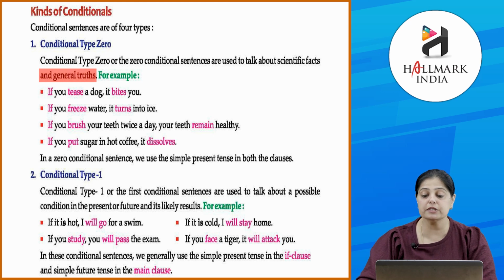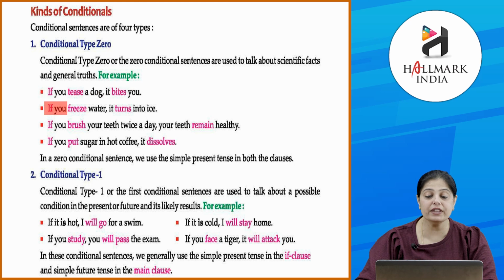So conditional type 0 or the 0 conditional sentences are used to talk about scientific facts and general truths. For example, if you tease a dog, it bites you. Isn't it true? Okay. So similarly, when we go for a jungle safari, if we tease the lion, it is but obvious that he is going to attack us. Correct?